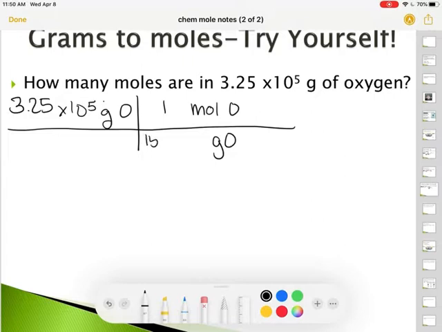In 1 mole of oxygen, it's 15.999 grams. Grams of oxygen cancels out. And we can have 3 digits, so we can make this 203 or 20,300 moles of oxygen. Okay.